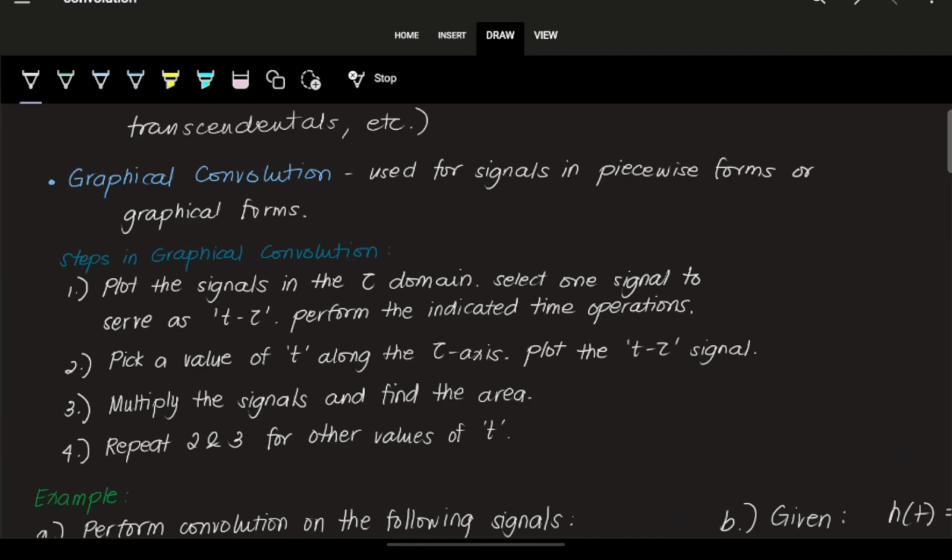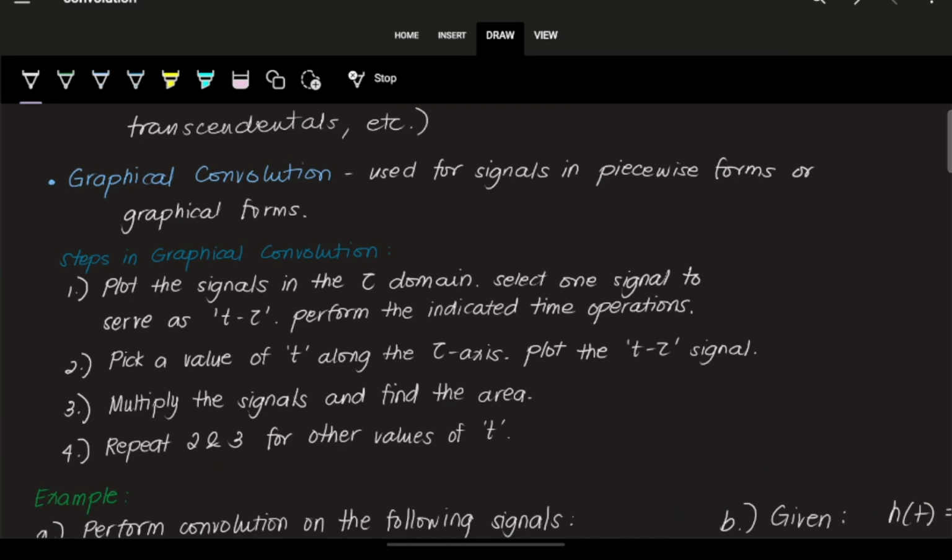Then we're going to perform the indicated time operation, t minus tau. Remember, the signals are now in the tau domain, not in the t domain, so kaya ang magiging pinaka time variable natin dito is si tau na hindi na si t. Then pick a value of t along the tau axis. Later papakita natin how do we properly pick the value of t.